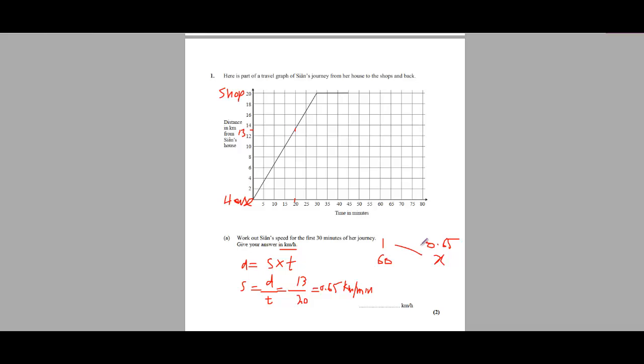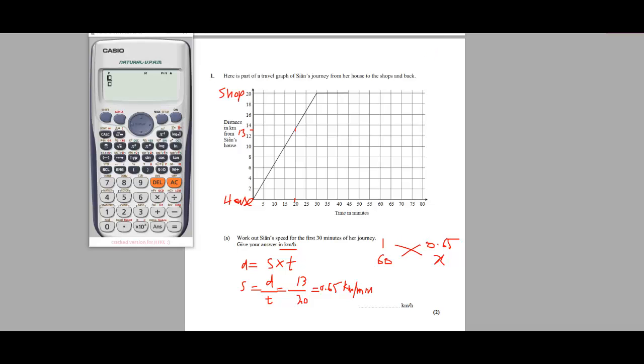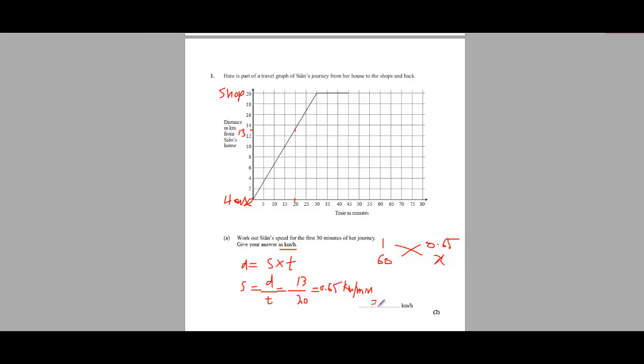So we multiply 60 with 0.65. The answer is 39. So the speed will be 39 km per hour.